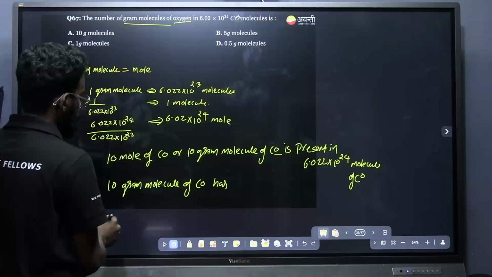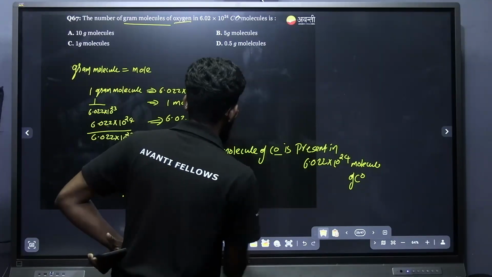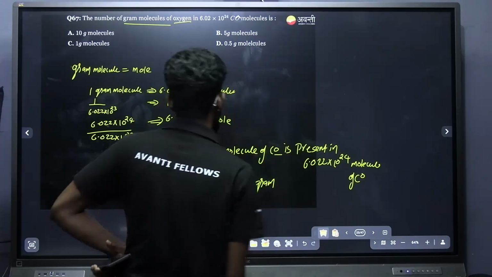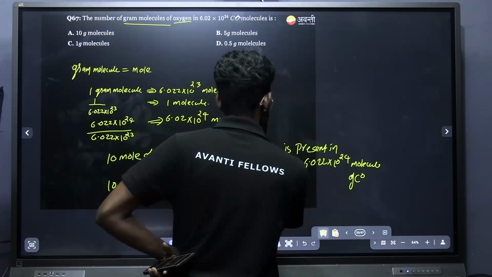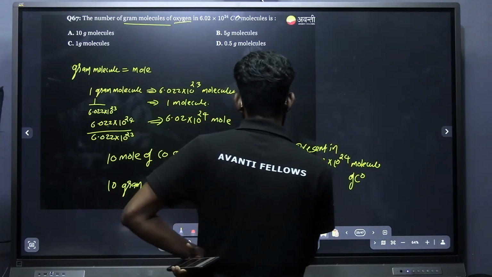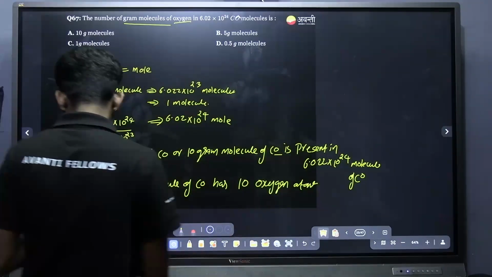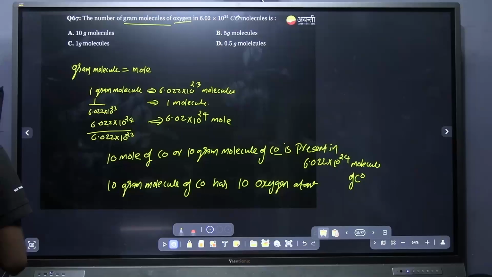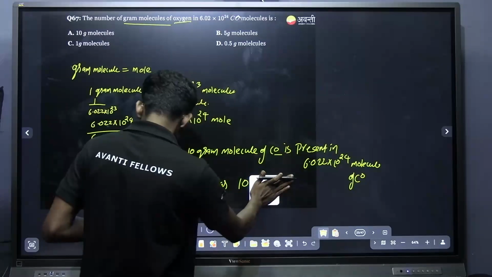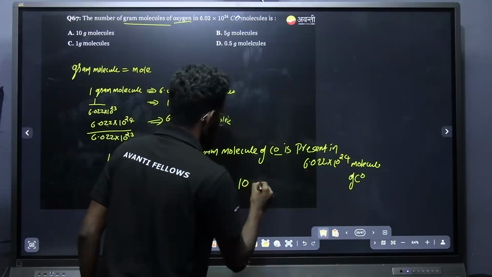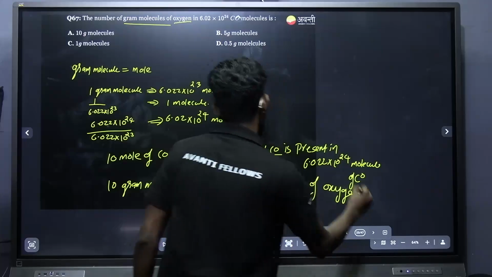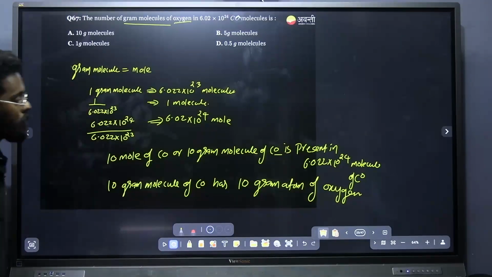So 10 gram molecules of CO have 10 oxygen atoms, or I can say 10 gram atoms of oxygen.